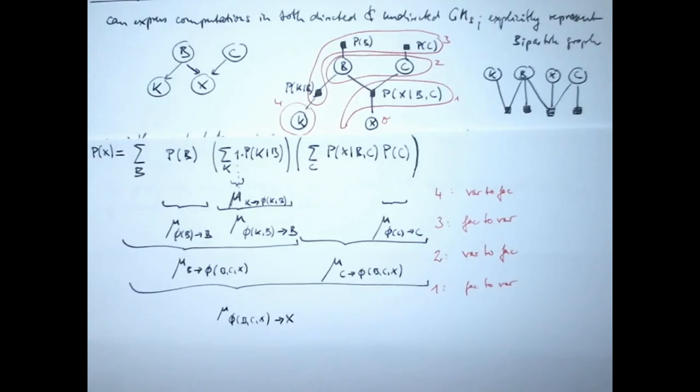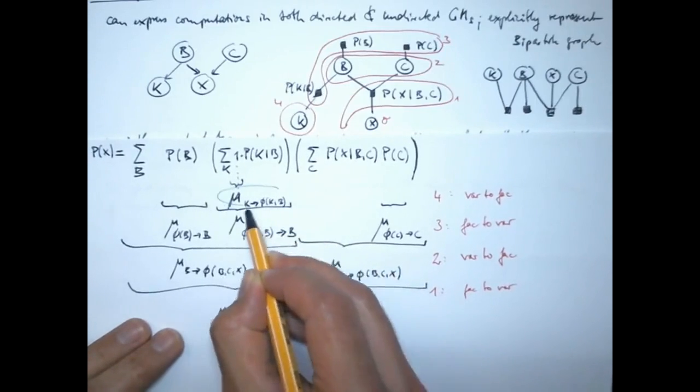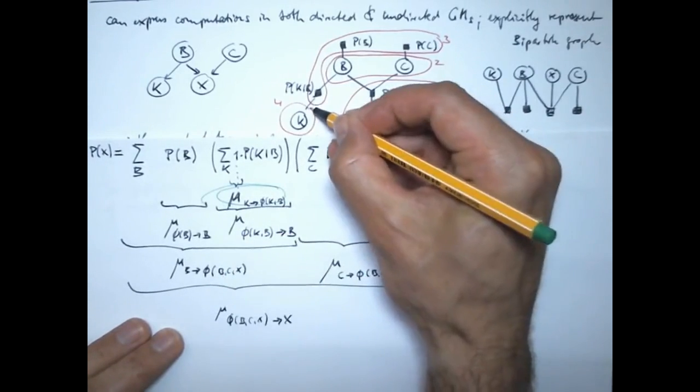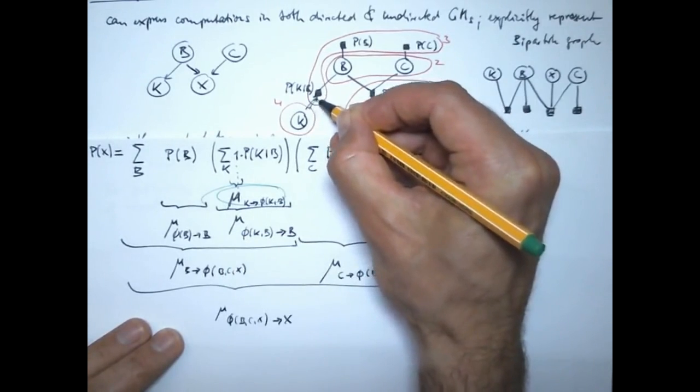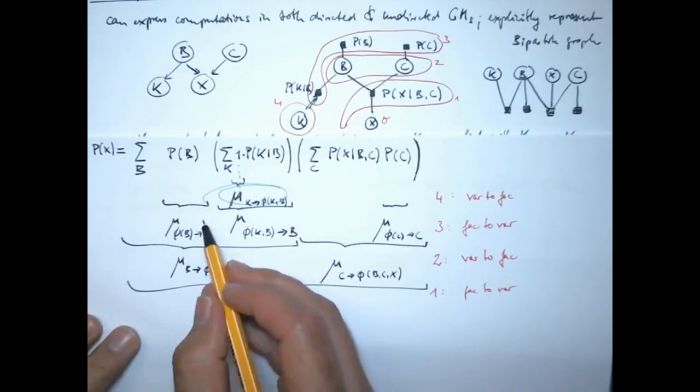Perhaps I should color code all of this a little. So let's say this was the first message here. I can plot an arrow corresponding to this message. Then we had these messages.